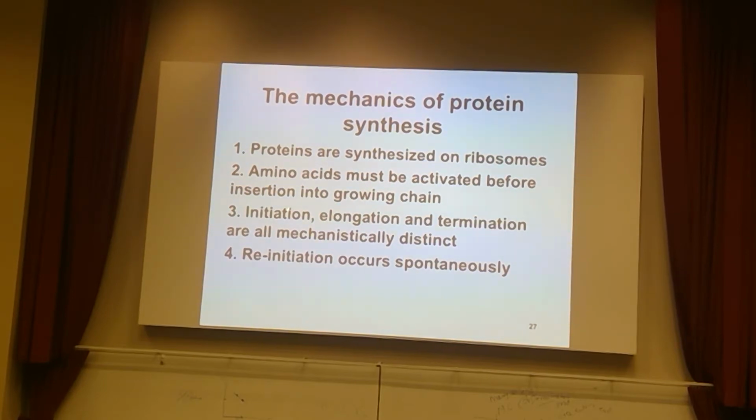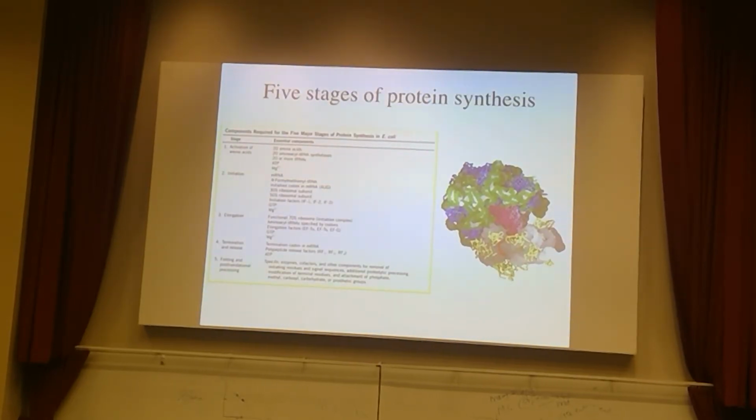On Thursday, we'll talk about initiation, elongation, and termination of polypeptide synthesis on the ribosome. And I want you to understand all those steps. And then we'll also see that for a given mRNA, the ribosome can read through, get to the end, stop codon, we're done, disassociate. That same mRNA can be used by the ribosome again to encode the same protein message. Here's a picture of the ribosome.